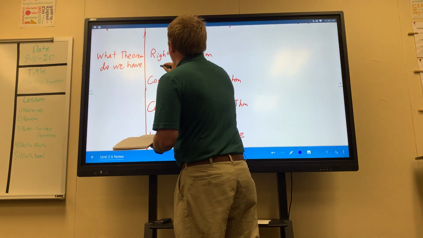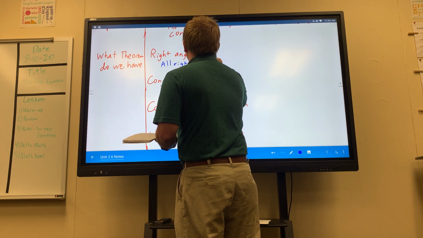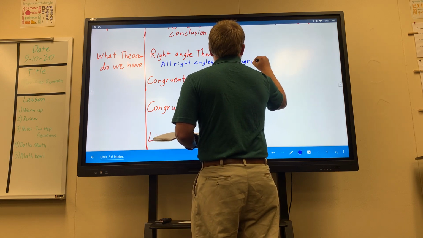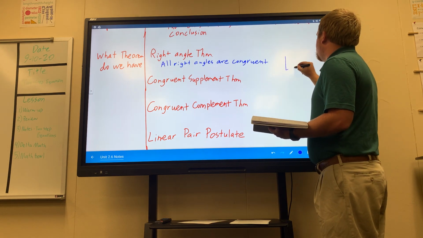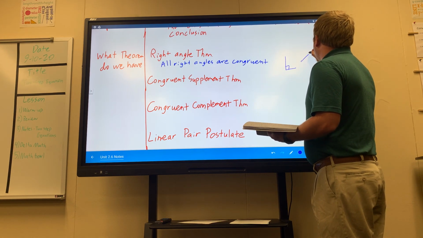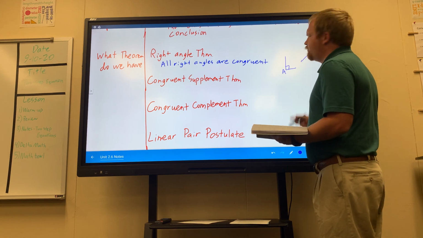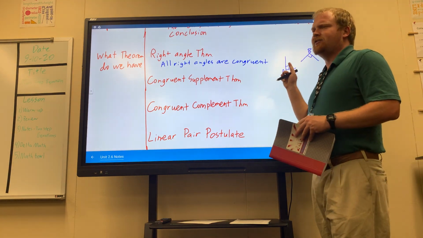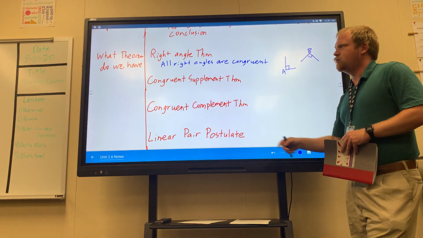It is a simple fact that all right angles are congruent. That's it. It doesn't matter how the angle is set up, it doesn't matter how it's rotated. As long as it shows that it's a right angle, all right angles are congruent.